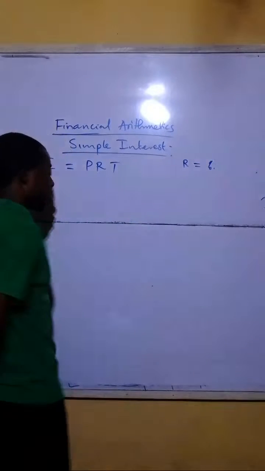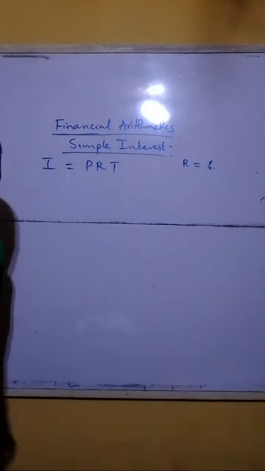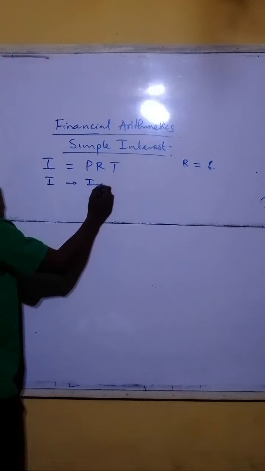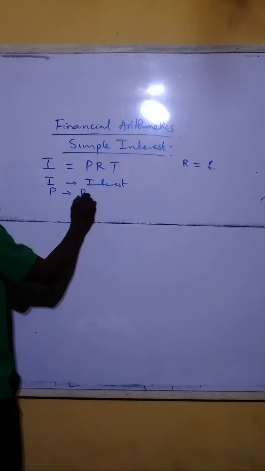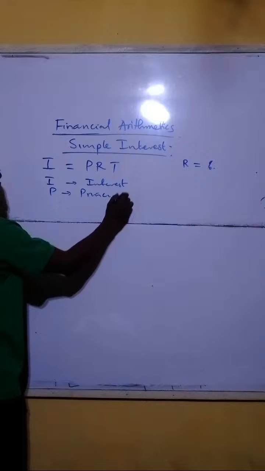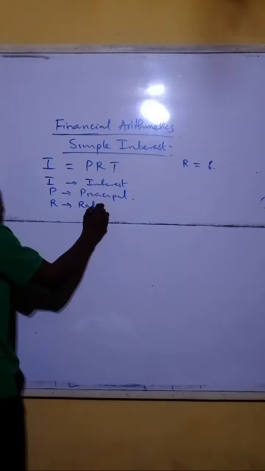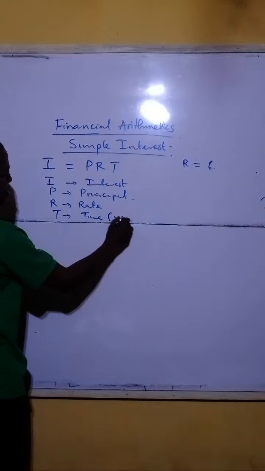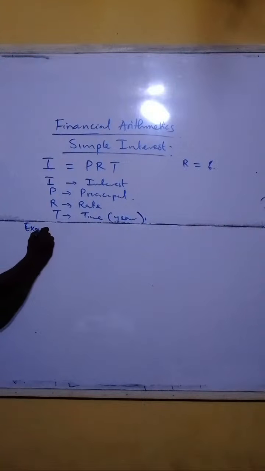So here the I is the interest, P here is the principal, R is the rate, and T is time, usually in years. So that is that.